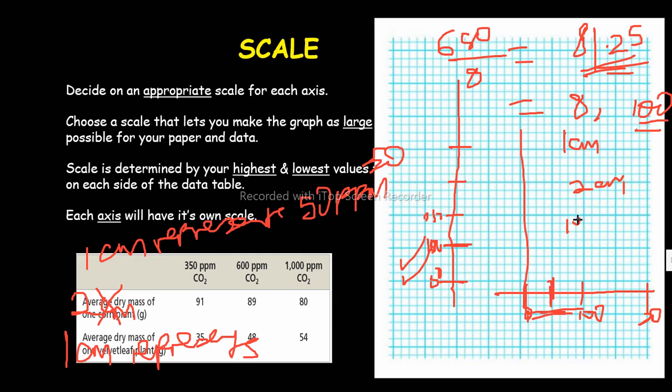It is simply 100 divided by the 2 centimeters, which is 50. So you still write 50 ppm. So do you see that actually all of you have one scale? Yes. So after writing your scale, you have your title, axis variable.